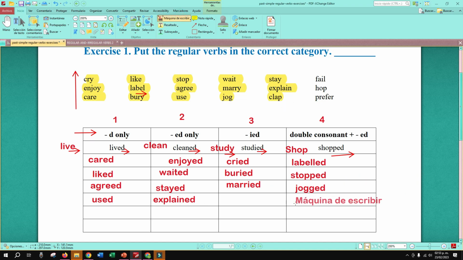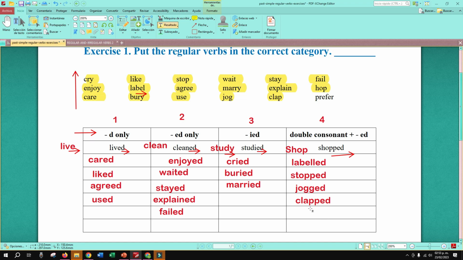Number four, yes, that is clapped, right? Clapped, right? With double P. Nice. Fail. You know, fail. One. Two. Number two? Yes, that is number two. Failed, right? Good.